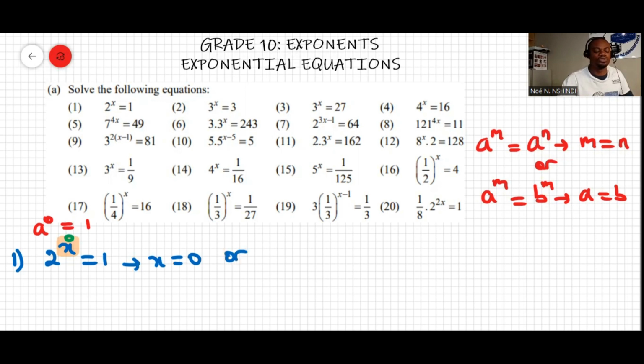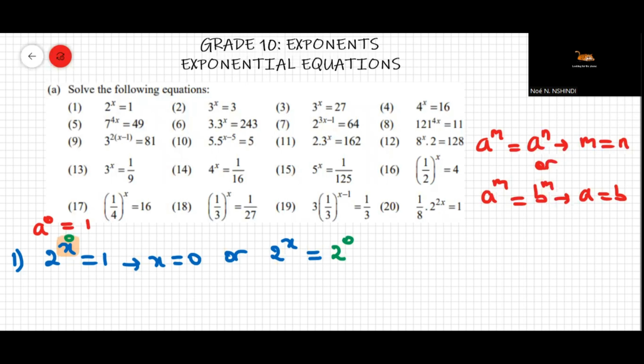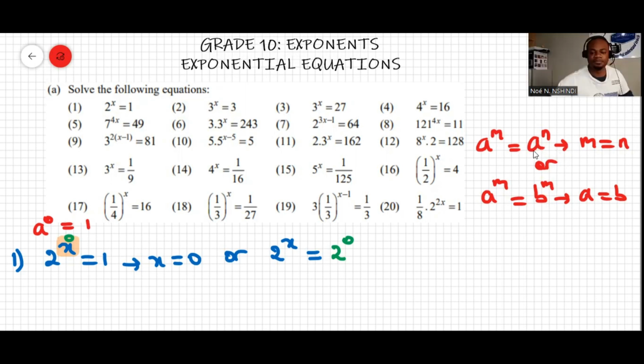Or we can also say 2 to the x equal to, instead of writing 1, we can write 1 differently. We say a to the power of 0 equal to 1. So instead of writing 1, we can write 2 to the power of 0 because 2 to the power of 0 is just 1. Then we can apply this law.